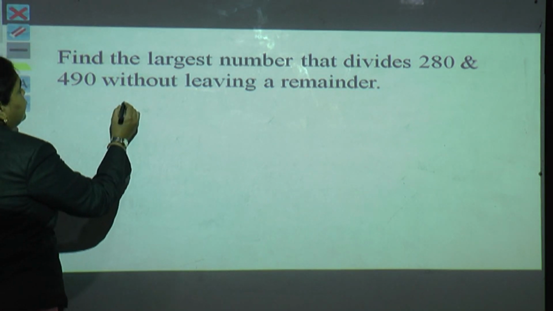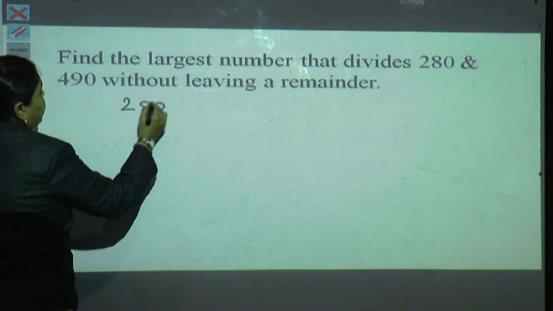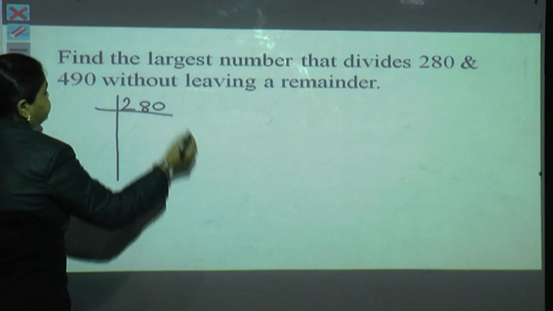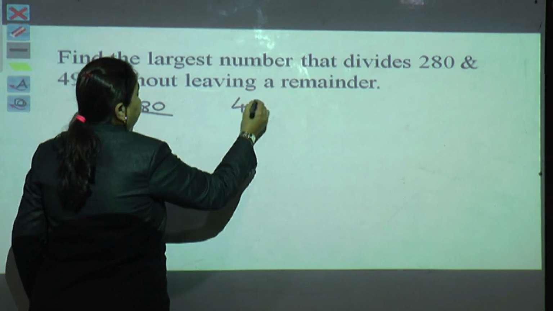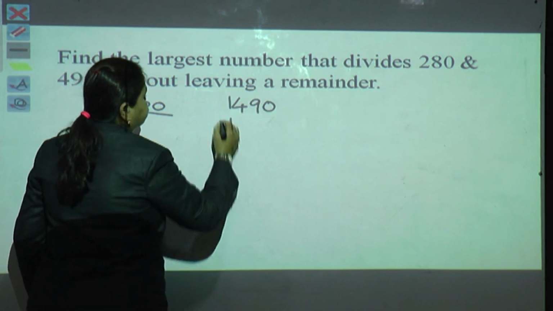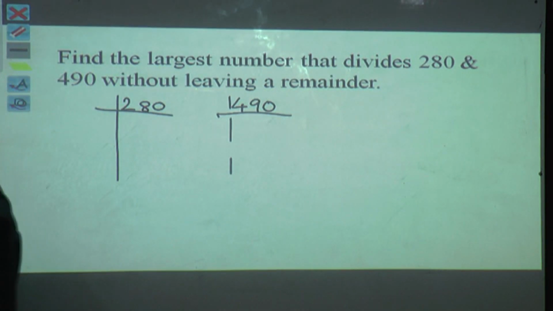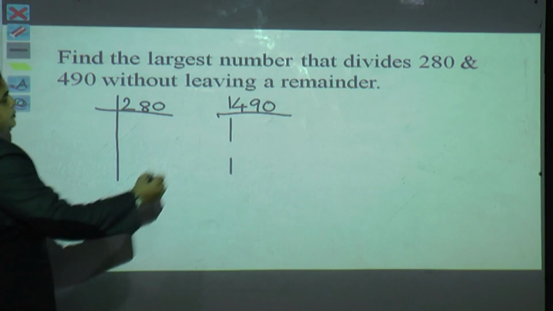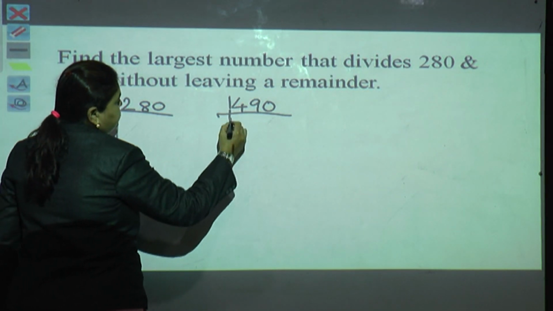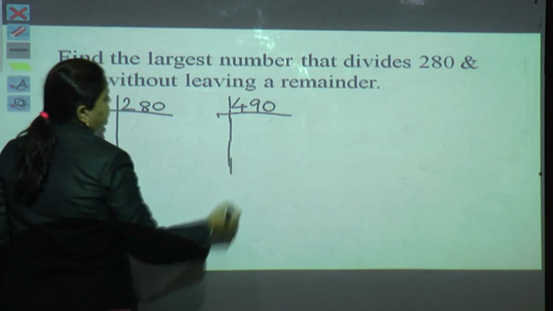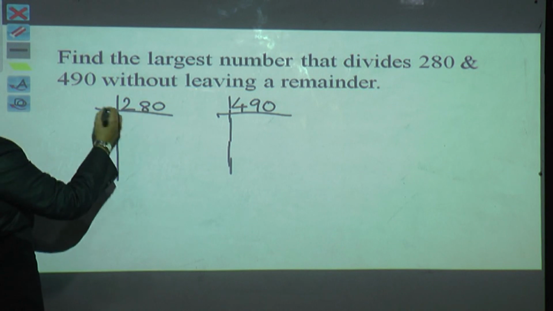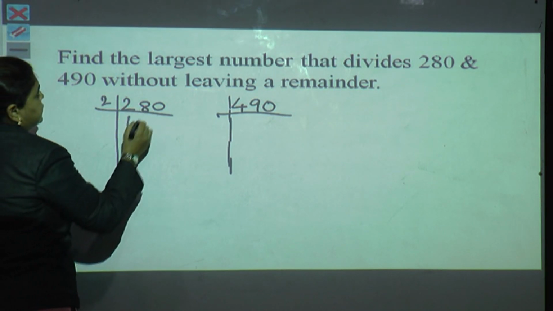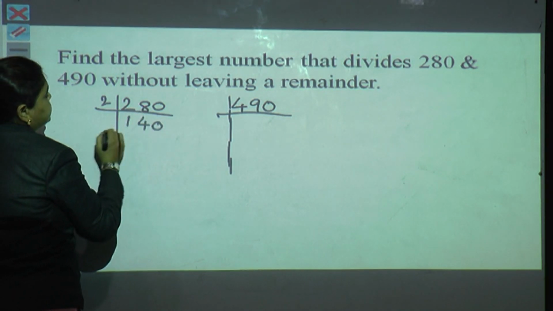We will find the factors of 280 first, then the factors of 490. It's easy now because it's an even number, so we start with 2. 2 1s are 2, 2 4s are 8, 0 as it is.